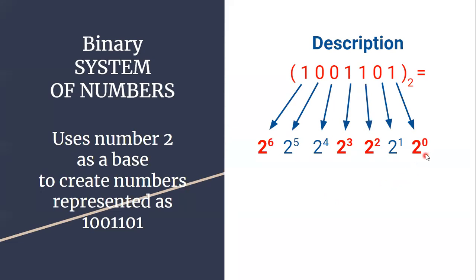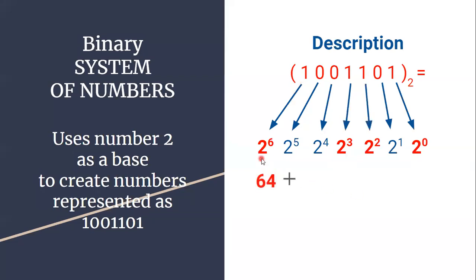And why am I going to use these powers? Because they match the digit 1. Because I have number 1 here, I'm going to keep this power. Because I have a 0 here, I'm not going to use this power.